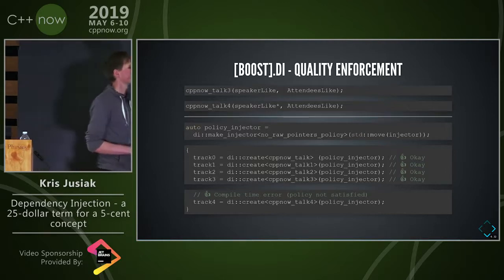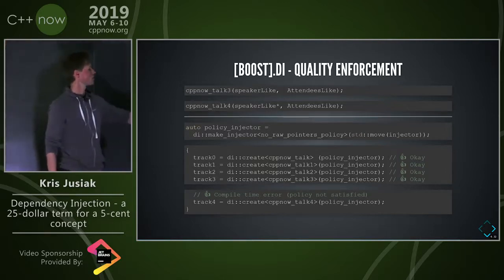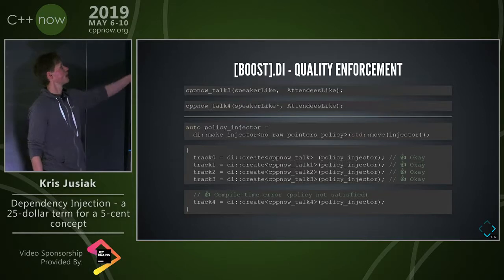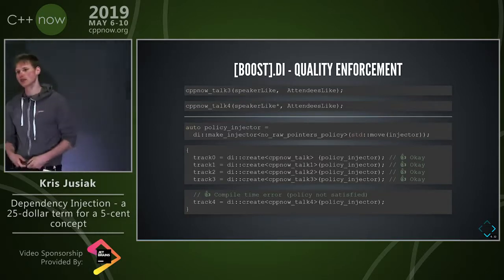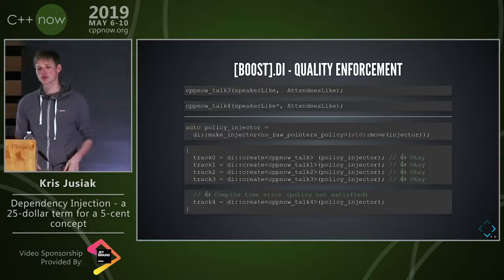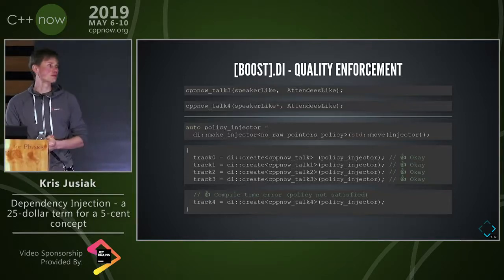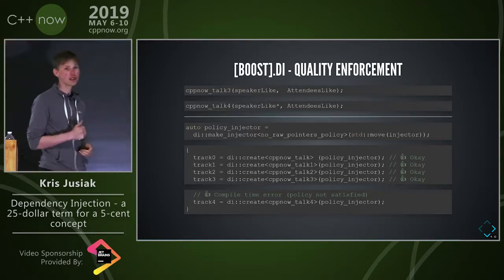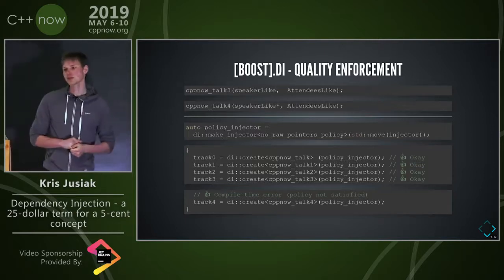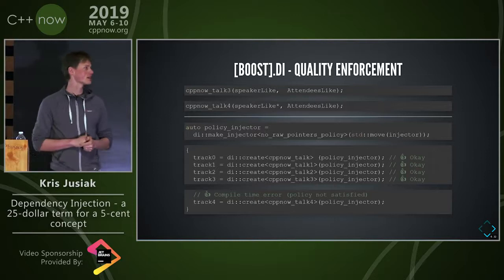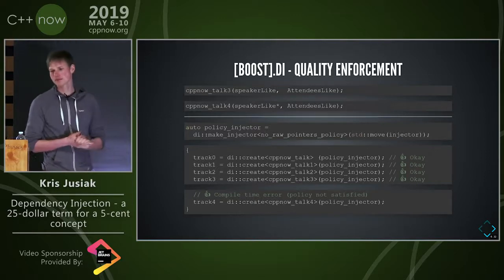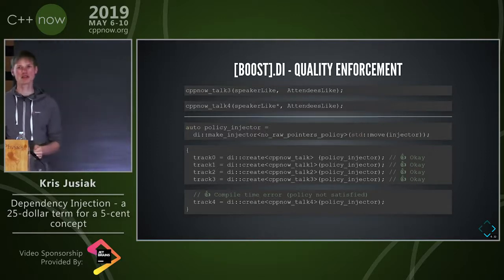But here, at some point, it will try to create talk4, and it will see that the speaker like is a pointer, and it will just bail out and not compile because we didn't allow it. I think that's a good thing from a design perspective, because we can write constraints of what we want. Make sense?